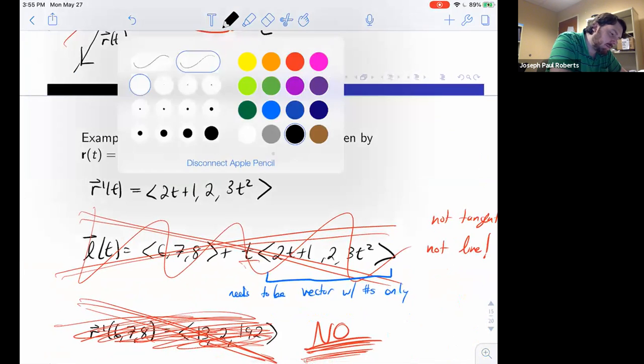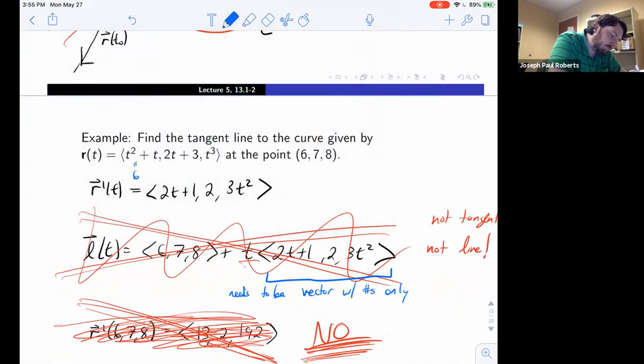So I need a value of t that makes all 3 of those true. I need that t squared plus t equals 6. I need 2t plus 3 to be 7. And I need t cubed to be 8. And so you have to get one value of t that works for all 3. If you can, then you're done. So notice t equals 2 works for all 3 of these.